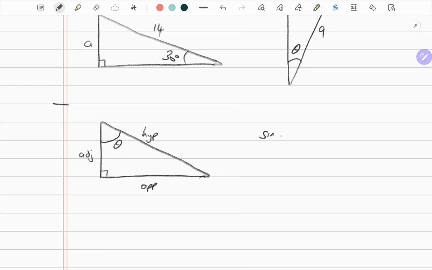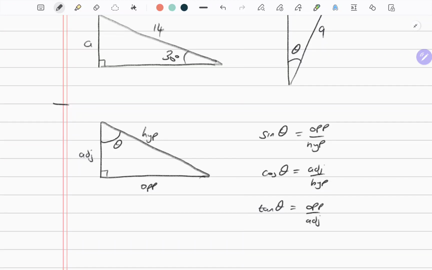So you'd have sine theta is equal to opposite over hypotenuse. You would have cosine theta is equal to adjacent over hypotenuse, and then you'd have tan theta is equal to opposite over adjacent.